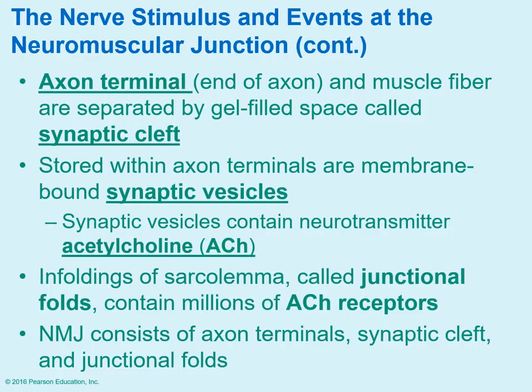So this is what is explained here, what we just saw, that axon terminus and the muscle are separated by the synaptic cleft. The acetylcholine, which is the neurotransmitter, is stored in those vesicles. On the muscle side, you have the acetylcholine receptors.